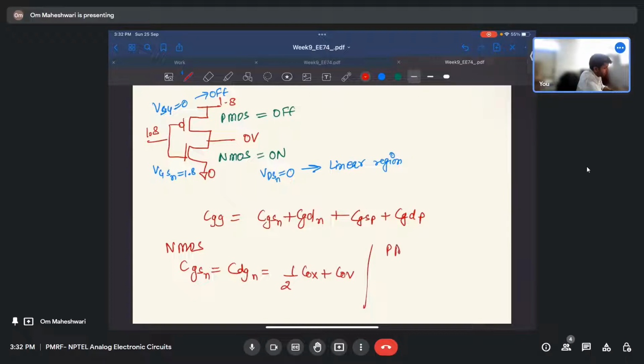For PMOS, since PMOS is off, there is no channel. So CGS equal to CGD is equal to COV only.